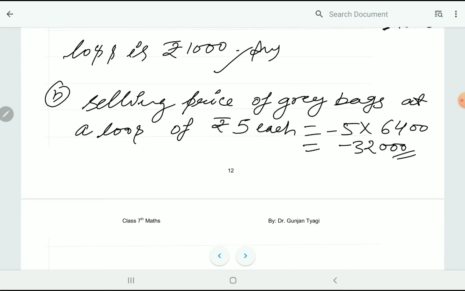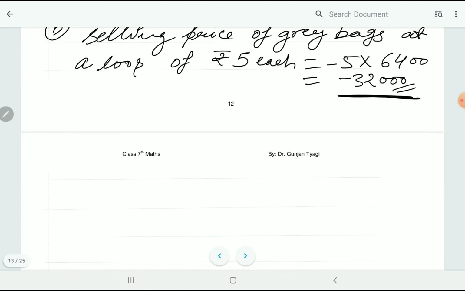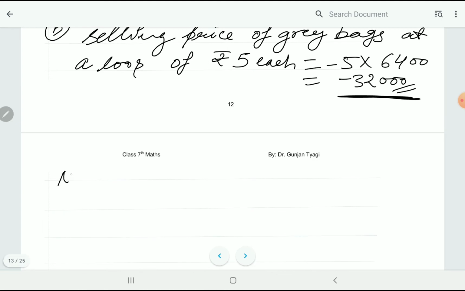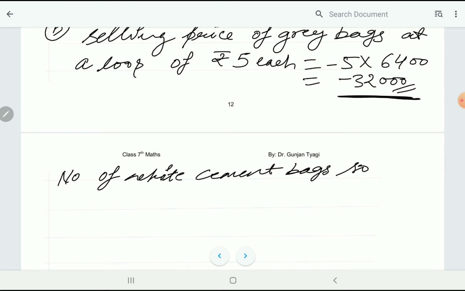अब हमें कैलकुलेट करना है कि कितने वाइट सीमेंट बैग सेल किए जाएं कि लॉस कंपनसेट हो जाए. सो फॉर दैट वी विल डिवाइड. So to find the number of white cement bags sold, we will divide this loss by the profit on each bag, by the 8, that will be 4000.